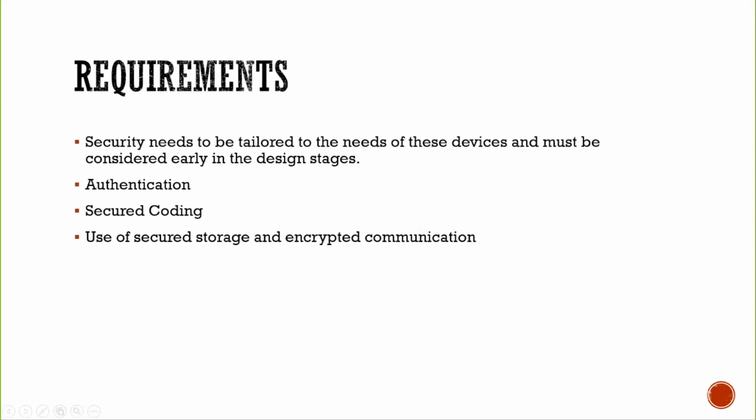Secured coding can also allow the machine to provide the correct patching or updates. Other features such as data storage and communication can be encrypted to avoid breaching. Lastly, newer processors include the ability to detect if the enclosure of the device has been tampered with.